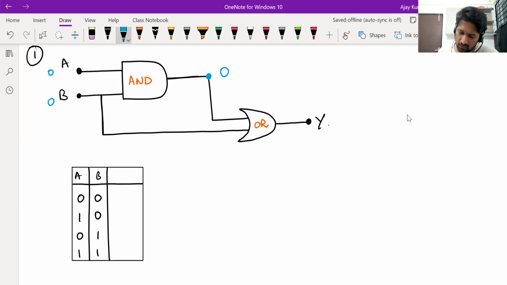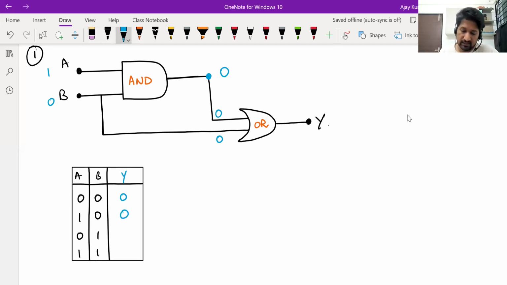So 0 and 0, the output will be 0. Next. A is 1, B is 0. If A is 1 and B is 0, their AND output will be 0. That is one of the inputs to the OR gate. And B0 is the other input to the OR gate. So both zeros, again the output will be 0.